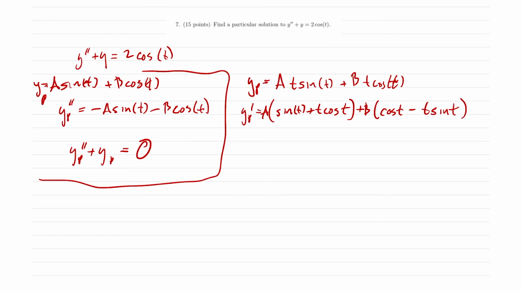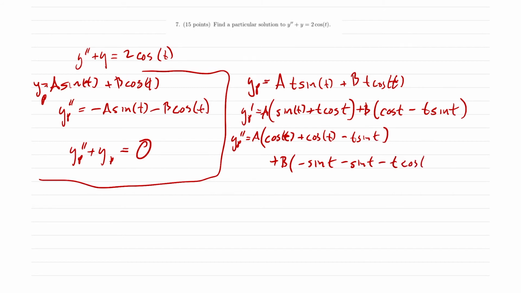And yeah, so take the next derivative, y sub p double prime is going to be equal to a times cosine of t here, and then we get plus cosine of t, then we get minus t sine of t, then we get plus b, and same sort of deal, minus sine of t, minus sine of t, minus t cosine of t.